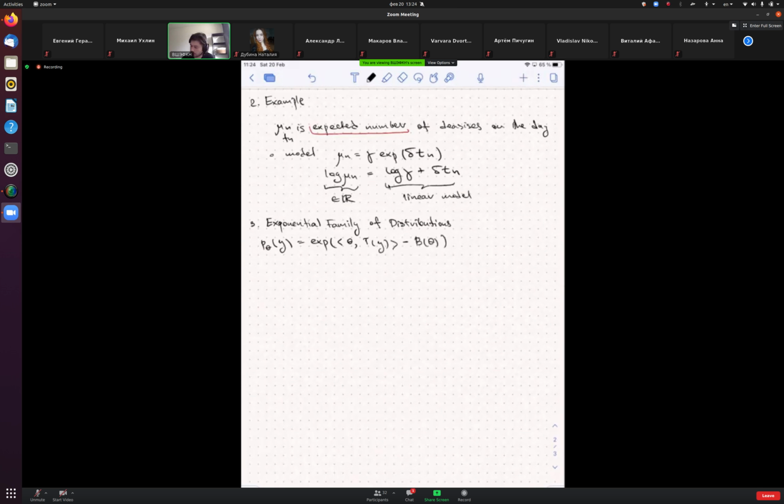And for some technical reasons, let's also put this term here, where b is equal to the logarithm of the integral of all other functions, because we need the density to integrate to 1.